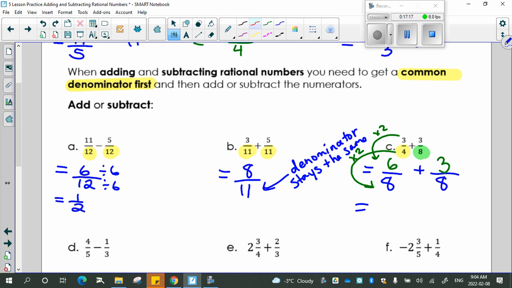Someone gives me 3 more 8s, so altogether I have 9 8s. Is that reduced? Yes. If you really have the urge to write it as a mixed number, you can, but you don't have to. So it's going to be 1 whole with 1 8 left over. This is unnecessary, but if you like it better that way, okay.